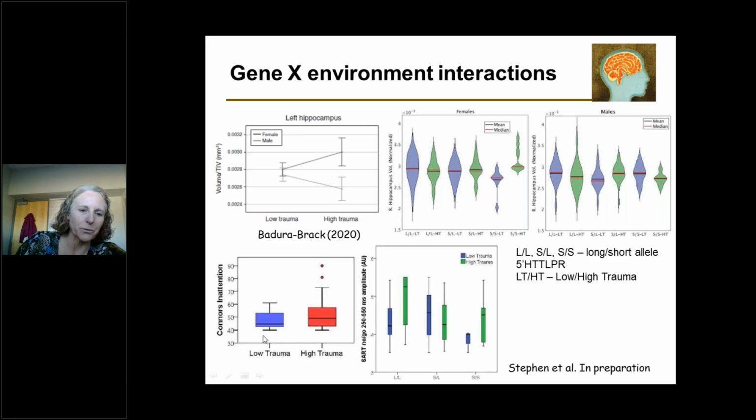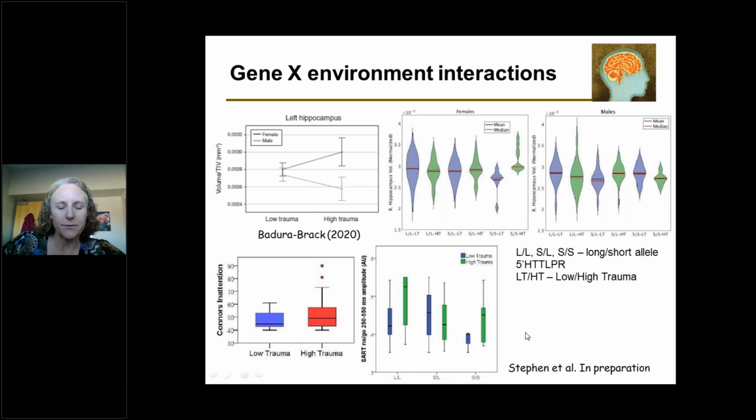So we also know that there's a difference in attention between the individuals with low trauma versus high trauma. The individuals who are exposed to more traumas have worse attention. Again, this is inattention, so a higher score is worse. And then if you look at the MEG responses, and this SART is sustained attention to response task, so that's an attention task, we see that there are differences in the response in that attention task using MEG depending on allele type.